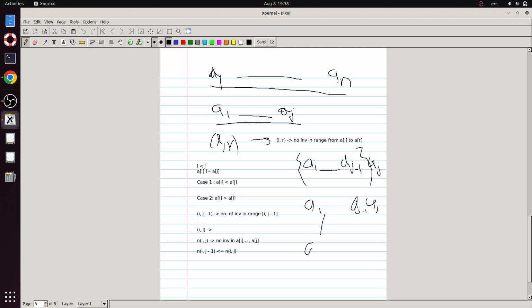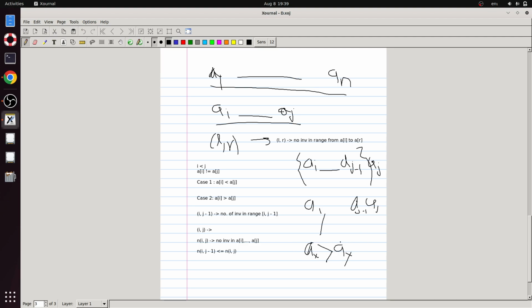An inversion is a pair a of x and a of y such that x is strictly less than y, so that a of x lies before a of y, but a of x is strictly greater than a of y. That's what an inversion is.